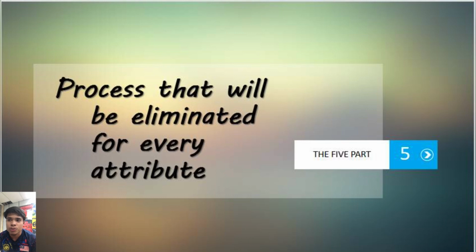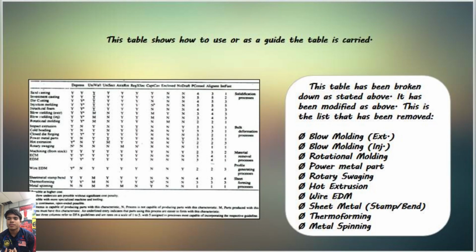Then next is a table showing how to use the table, or a guide to the table. At the left side is a table to guide, and at the right this table has been broken down. I start above. I will eliminate or remove the not suitable process.